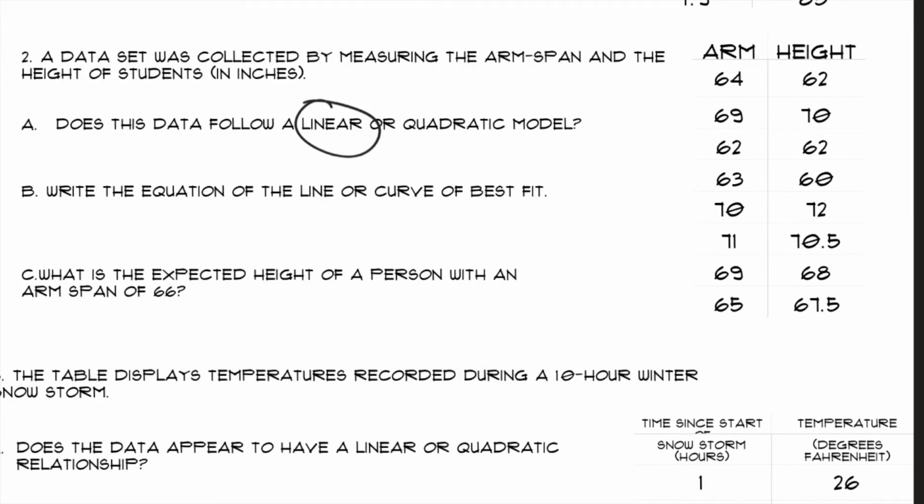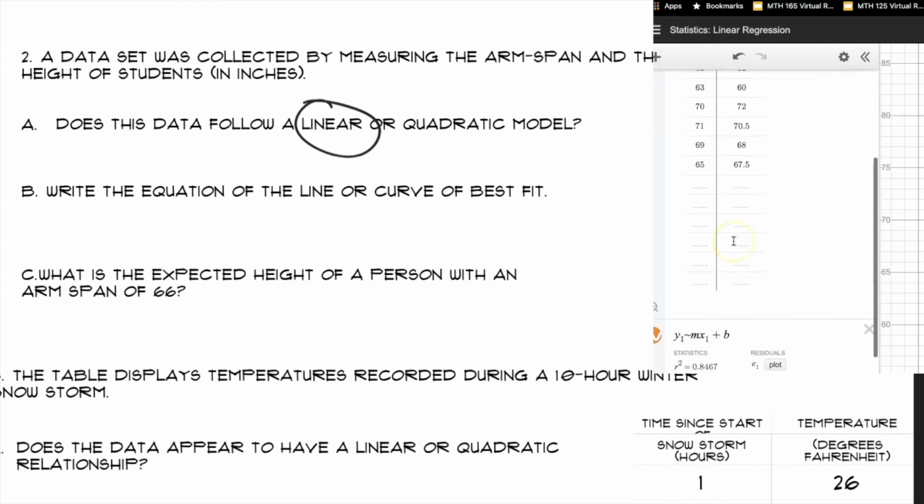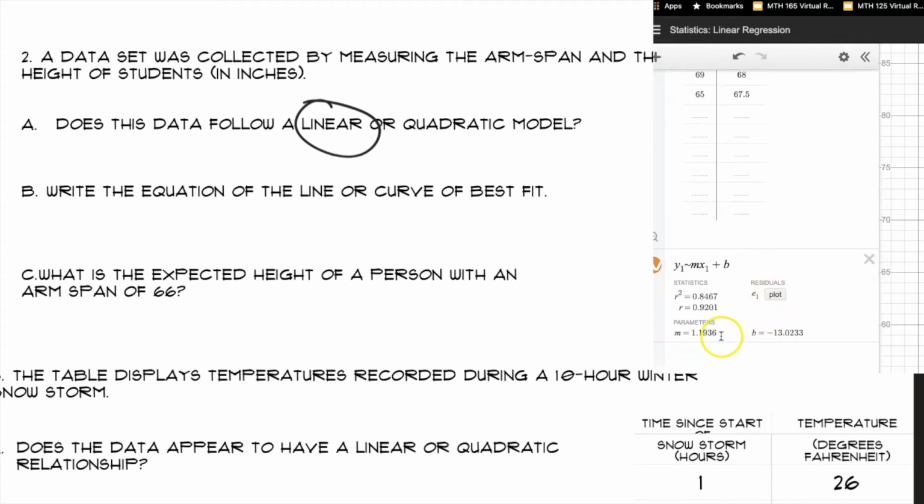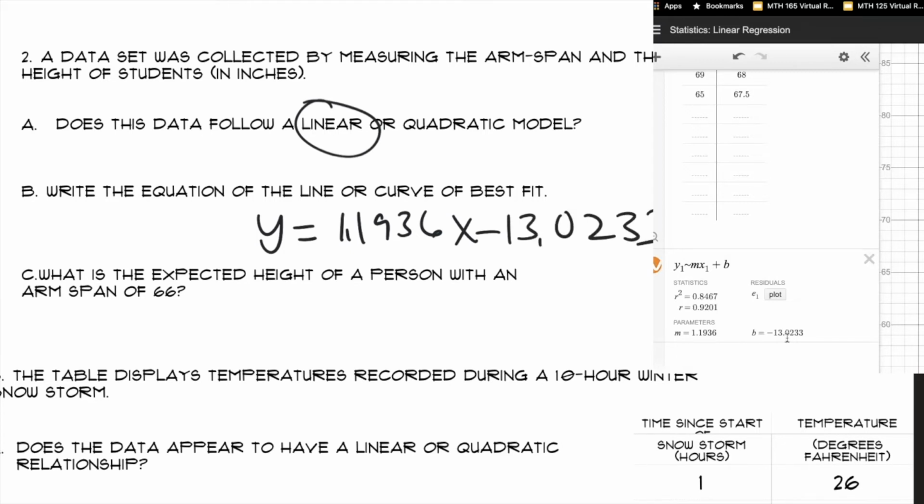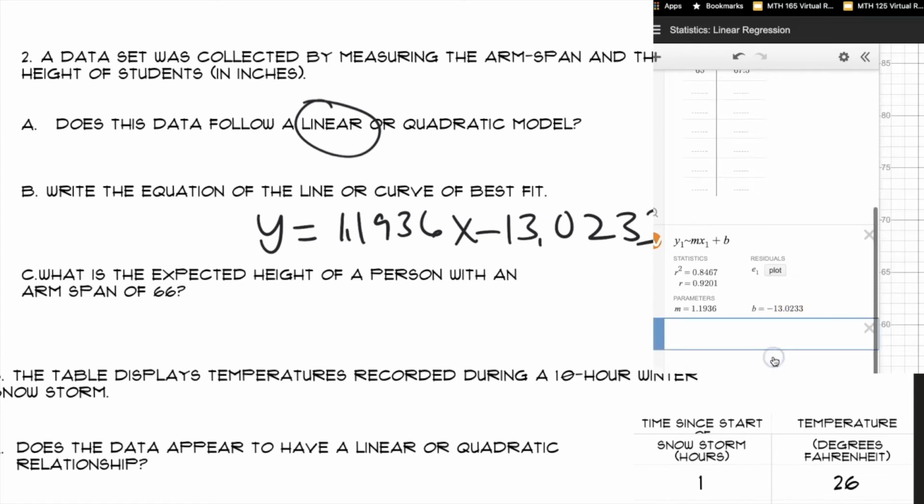Write the equation of the curve of best fit. I'm going to have to look at the information. My slope is 1.1936 and my y-intercept is negative 13.0233. So I will write that equation into my notes. Lastly, it's asking us what is the expected height of a person with an arm span of 66 inches.